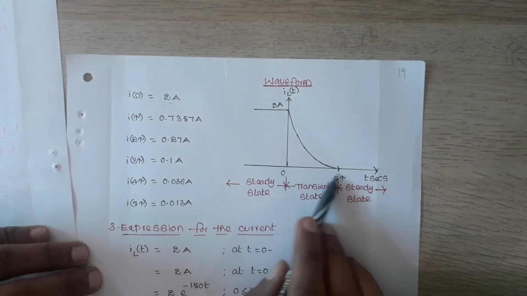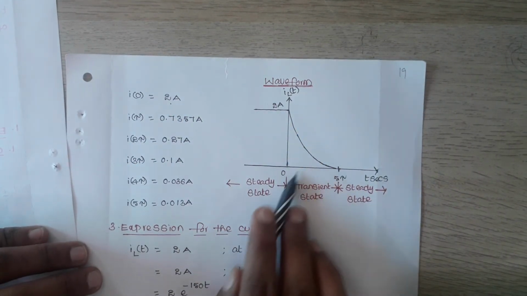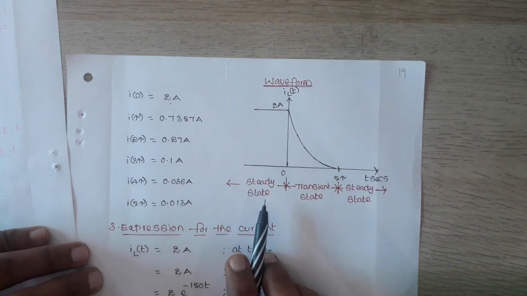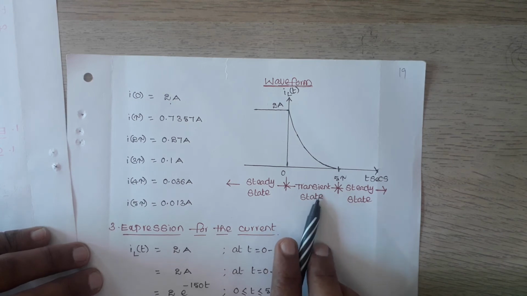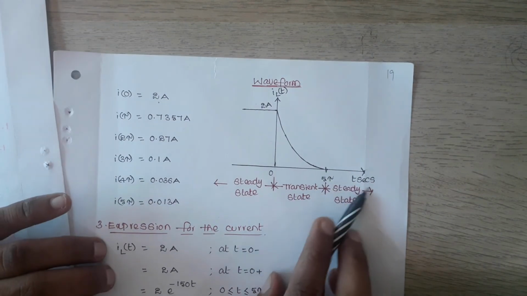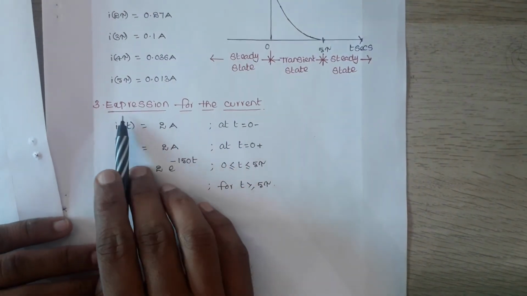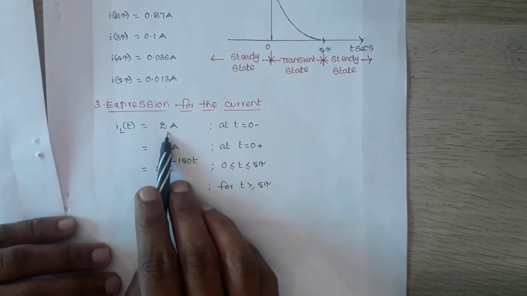In between 0 and 5 time constants, based on these values, if you draw a curve, you get something like this. This is said to be the transient state. The circuit is under transient condition. After 5 time constants, again its value is 0. Now if you write the expression for the current: at t equal to 0 minus, current in the circuit is 2 amperes.